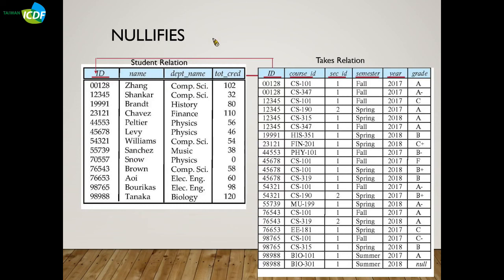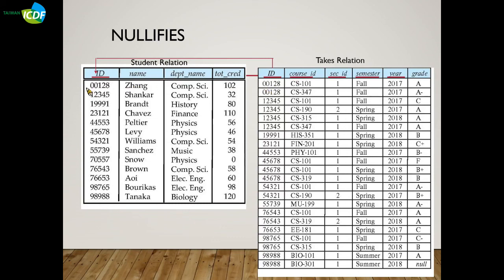In nullified rules, if a tuple of a referenced table is deleted, the corresponding tuples need to be updated by replacing the foreign key values with null values.